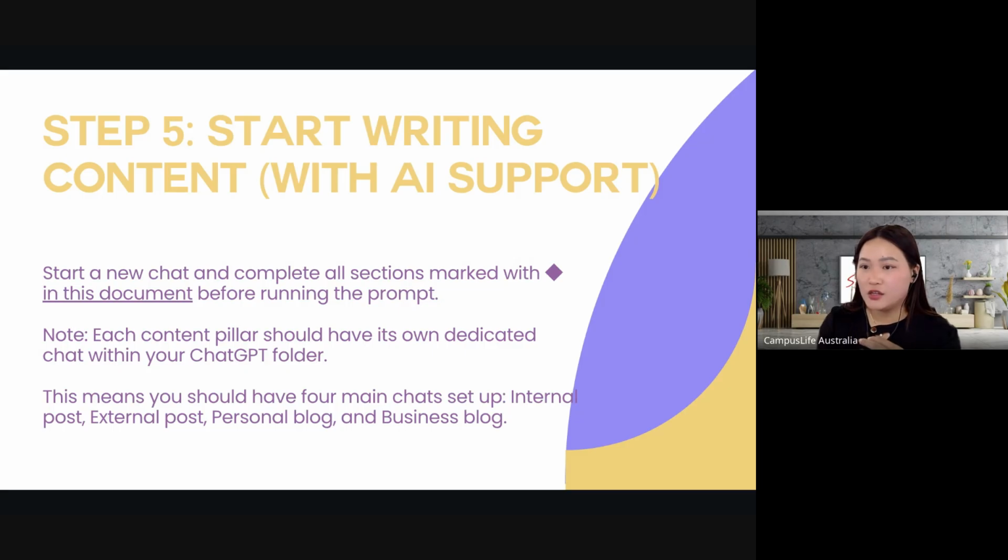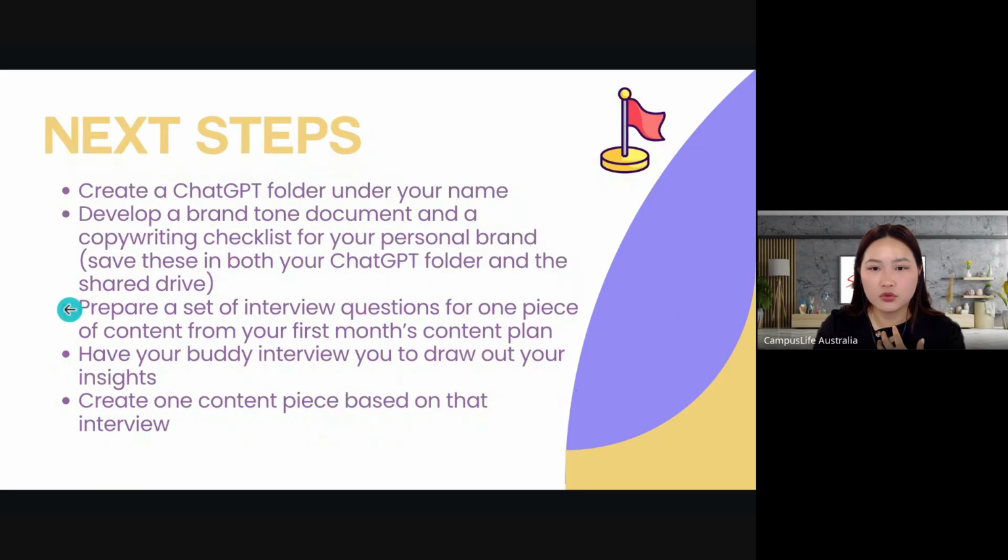So instead of putting a vague prompt like, can you create me a content piece on the healthcare industry, we have a document for you to put the prompt. I can open it here so that you can have a look.